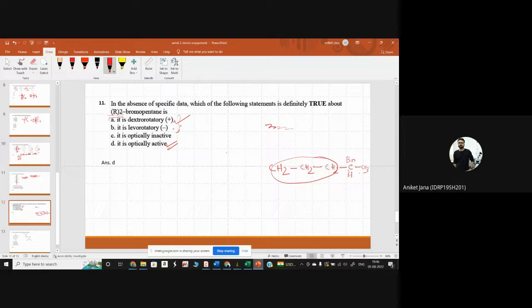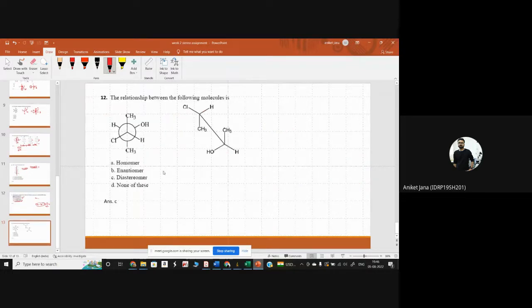Can we draw any kind of element of symmetry here? No. So in the absence of any element of symmetry, this molecule has to be optically active or inactive? Active. Optically active. So we can only conclude that this compound is optically active. Okay.